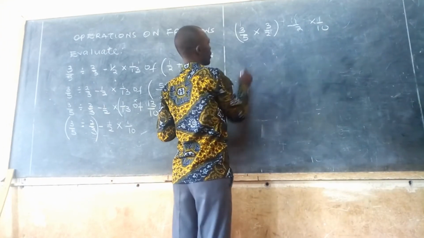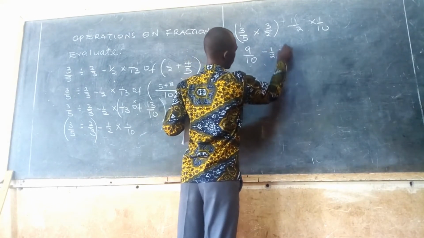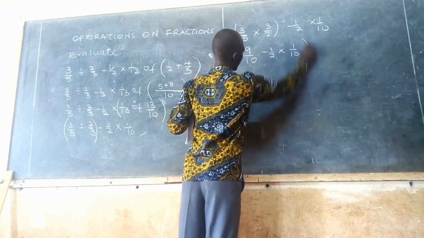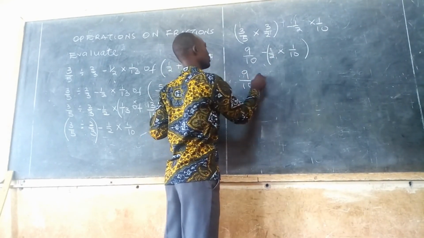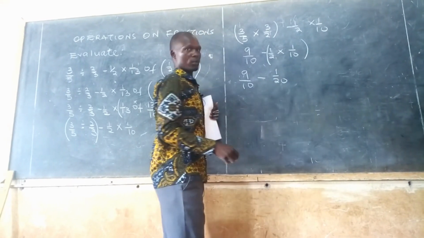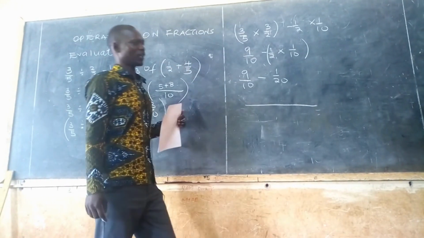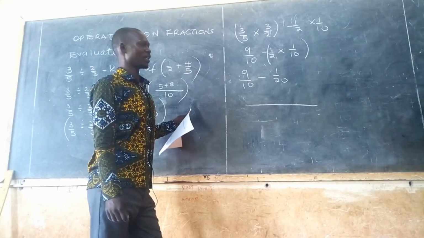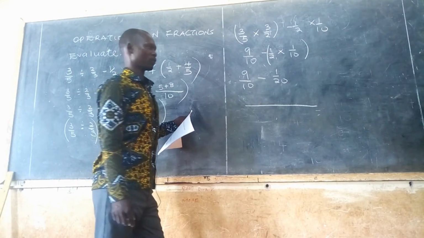What do I have there? It will be 9 over 10 minus a half times 1 over 10. Multiplication. 9 over 10 minus 1 over 20. I want to use equivalent fractions now because I realized that 20 is a multiple of 10.